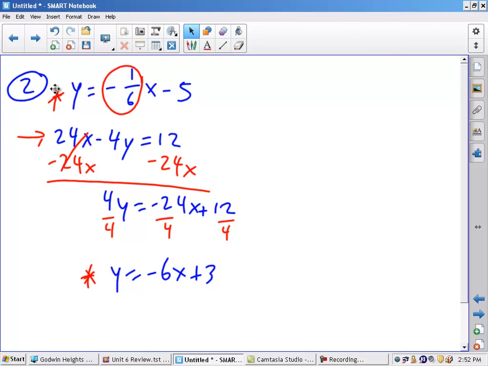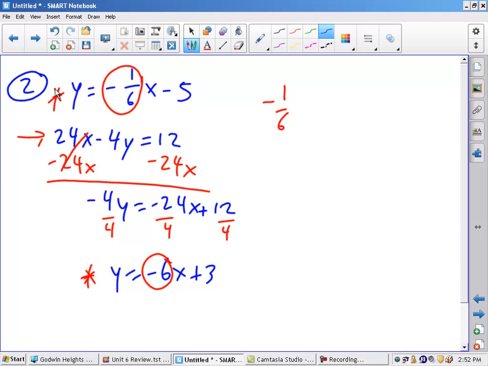Now look at the slope: if they're the same, they're parallel. If they are opposite reciprocals of each other, they're perpendicular. So negative 1/6, and, oh, wait a minute, I did something wrong. Big time. This is negative 4. Okay, guys, make sure you notice this.